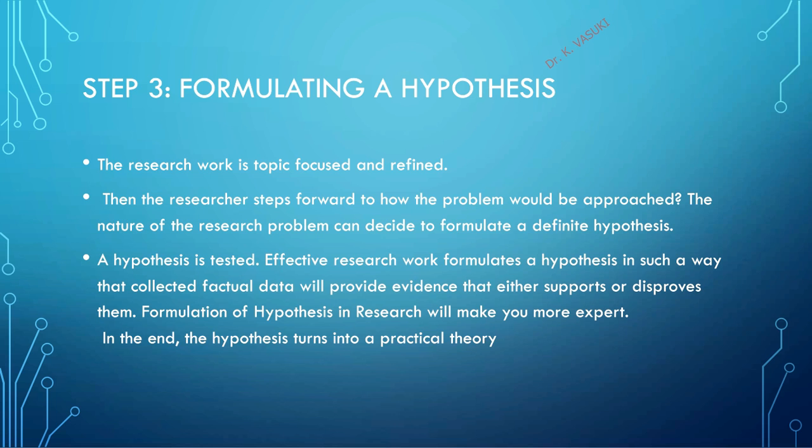If you select a significance level of 0.01, it is a 99% confidence level. So based on that only we are going to test, and it provides evidence, and based on that only we are going to either support or disprove. Either we are going to accept or reject the hypothesis.